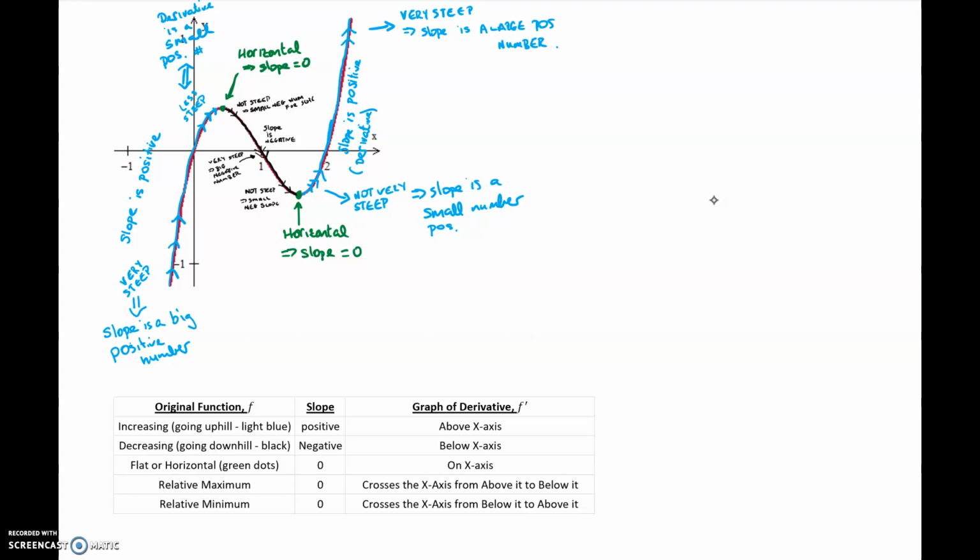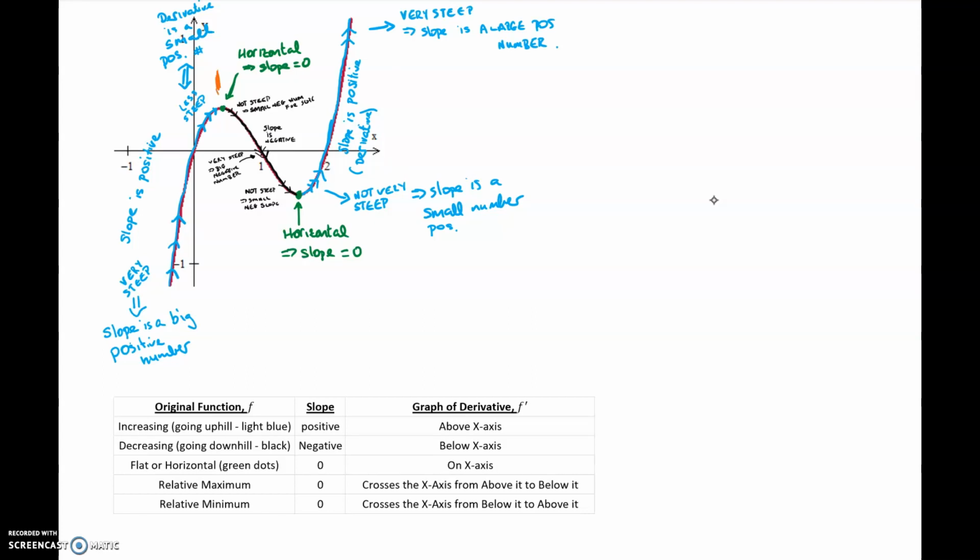The original has a relative maximum at the top of its hill, and at that point the slope is 0. The slope changed from positive to negative at that point. If you're looking at the screen, we're talking about this point here.